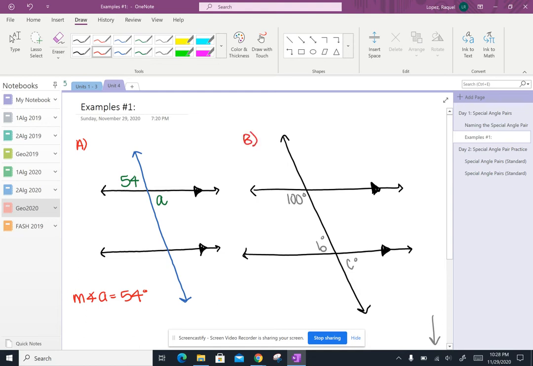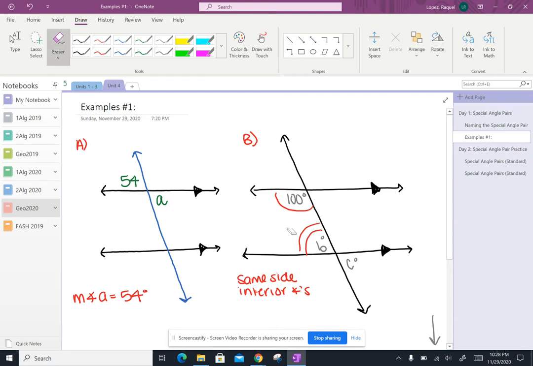So in diagram B, I've got a 100-degree angle, an angle labeled B and an angle labeled C. Let's go ahead and find B first. So this angle 100 and this angle B, those are known as same side interior angles because they're on the same side of the transversal and they're on the interior region.